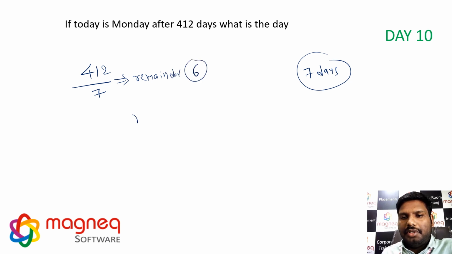Remainder 6 means Monday plus 6 days. So the answer is Sunday.